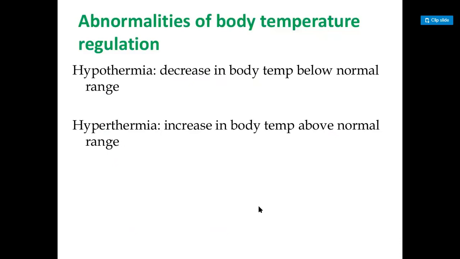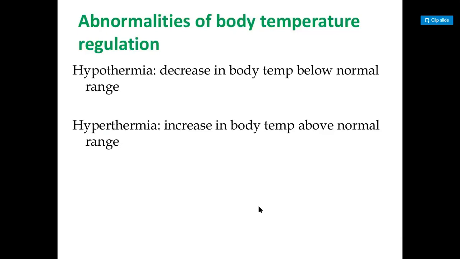When your temperature rises above 38 or 37, because we said the normal range is 36.6 to 37.1, yes? So when it increases, you're not doing exercise, you are just sitting down and your temperature is reading 37.5, then that is hyperthermia already. It shows that something is wrong. You need to regulate that temperature.